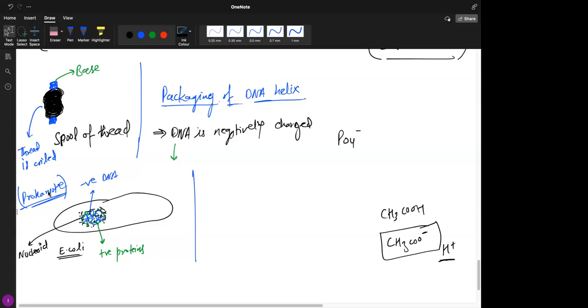Basic means they are bases, they are not acidic. So histones are positive, they are basic, and they bind to DNA. So they are DNA binding proteins, and they act like the base of the spool.